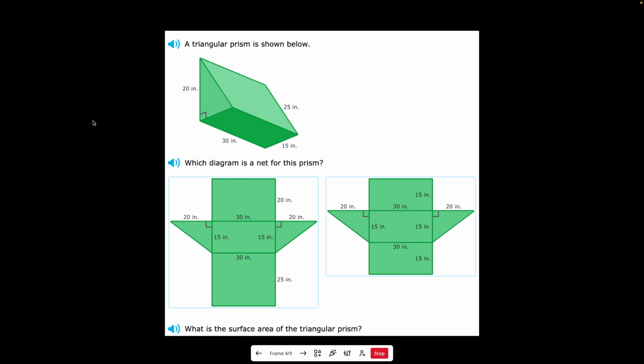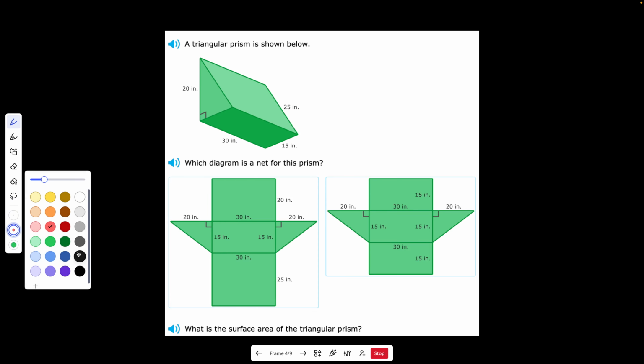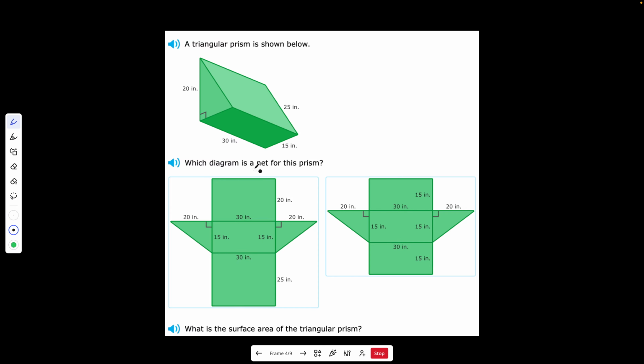Here we go. So it gives you a triangular prism here, and here's our shape. The first question should be pretty familiar. It says which one is a net for this prism.